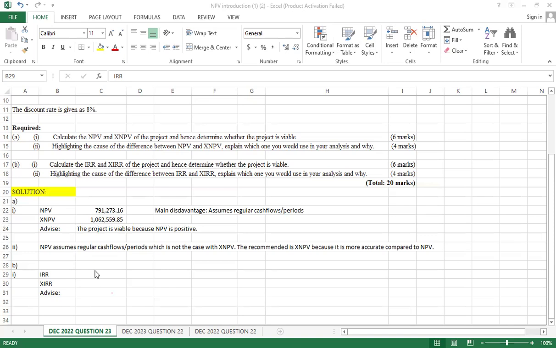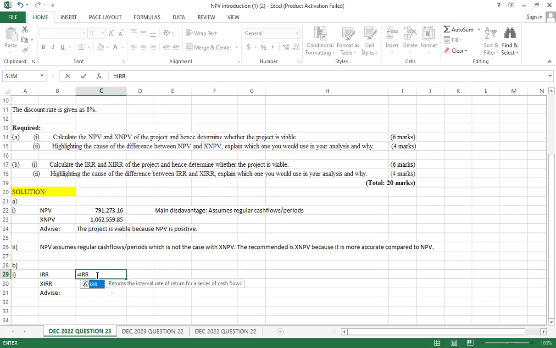Of course, you start with an equal sign, and then you type IRR. That's what we want to compute. And then you open the bracket. As soon as you open the bracket, Excel tells you what the formula should be. You can always compute these things on your own, because Excel tells you what the formula should be. Excel says that after the open bracket, you pick values. By values, we mean cash flows.